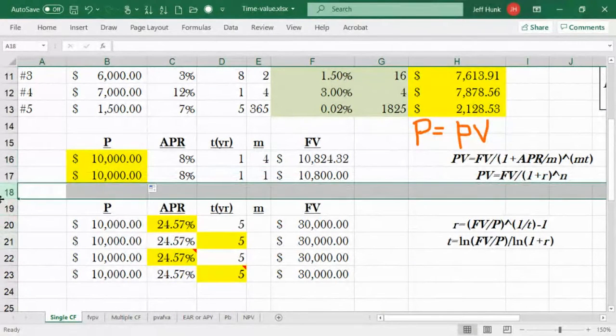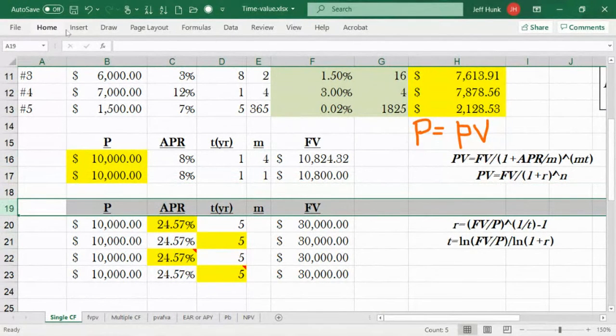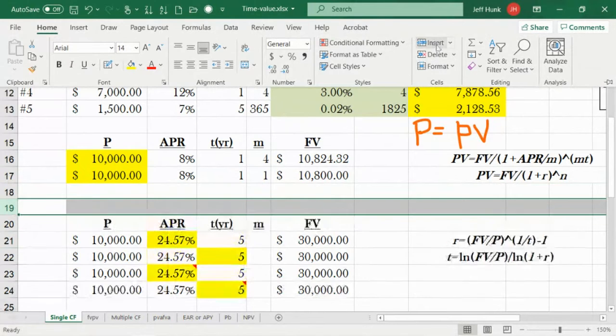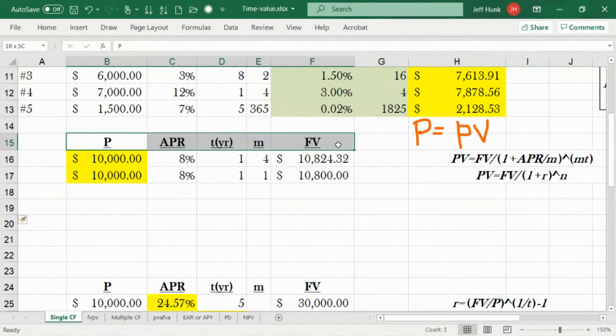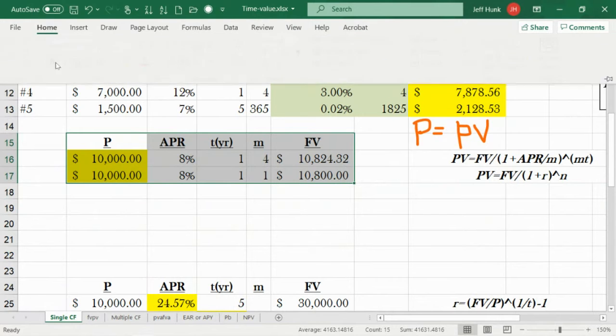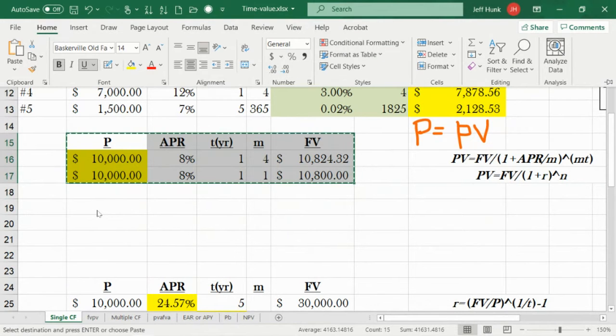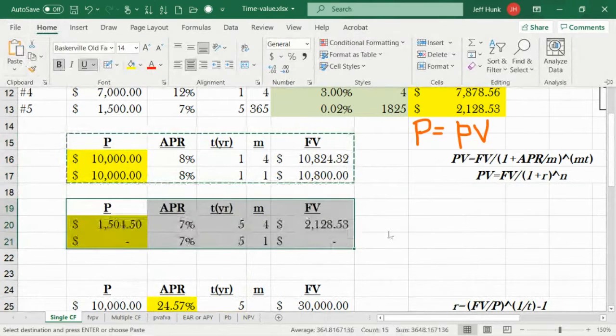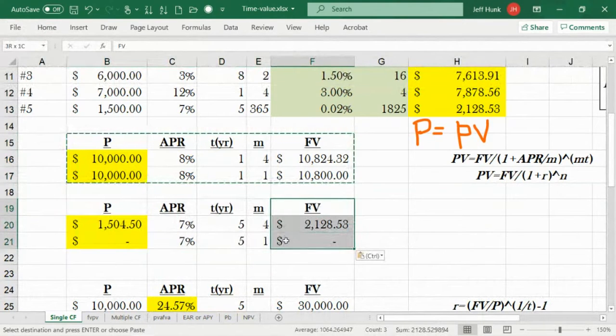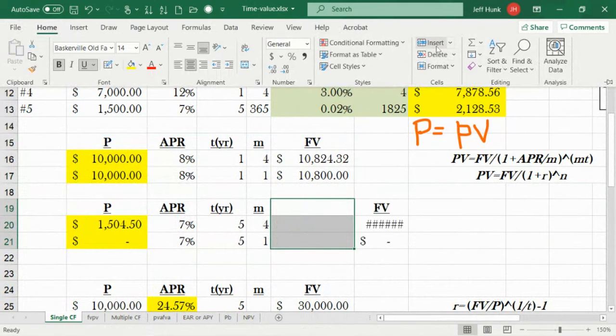Also, let's do this. Let's do it like this. Let me copy this. Paste it here. And in 2 columns.